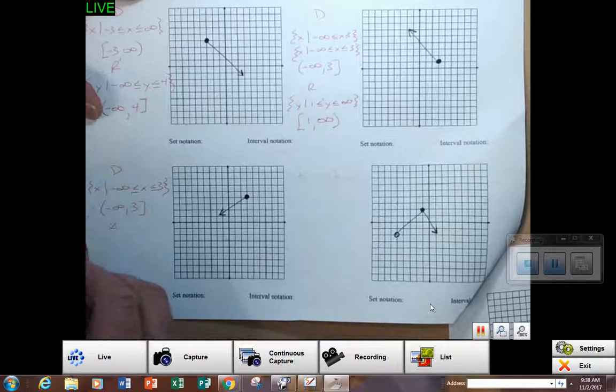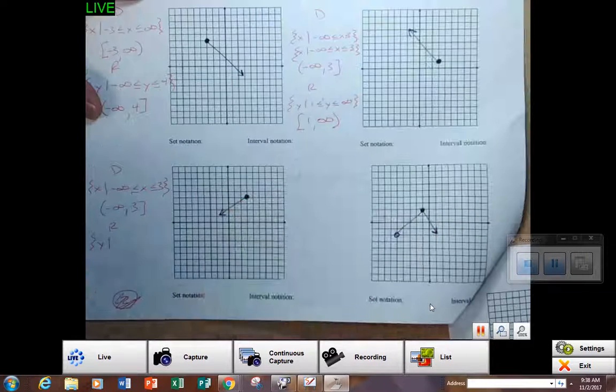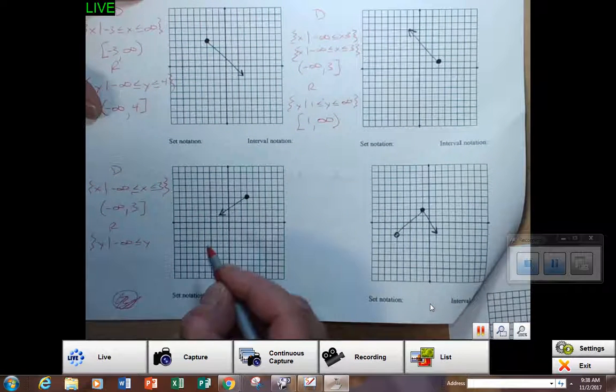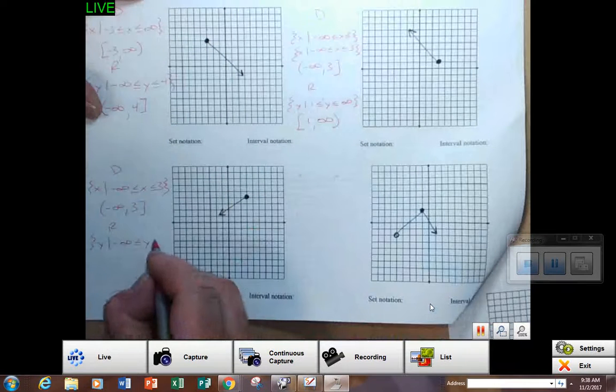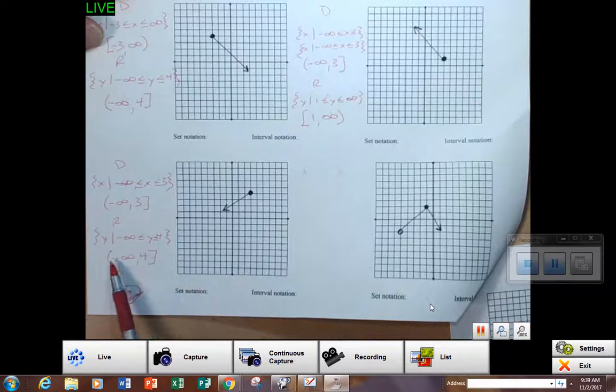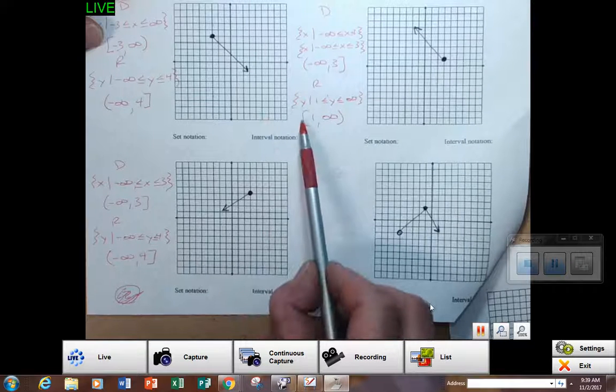Range would be from y to negative infinity, no boundary to the bottom there, less than or equal to y, up to 4, less than or equal to inside there. Sorry about that again. And if I did that in interval notation, that would be rounded bracket negative infinity to square bracket 4.